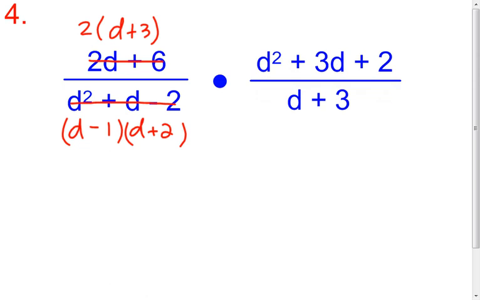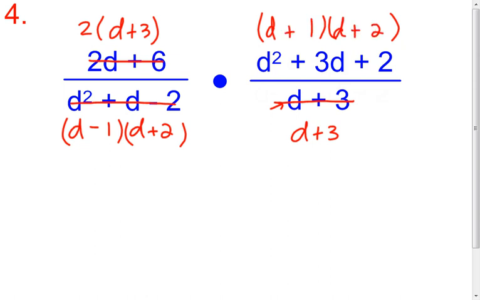So right now, my denominator became a numerator and vice versa. So at some point, they're both denominators, and you have to pay attention to that when you are determining whether a denominator can be 0 or not, or what quantity would make it 0. Okay? This quantity right here does not factor, so I will just leave it as d plus 3. And then up top, I have a d and a d and a 1 and a 2 and a plus and a plus.